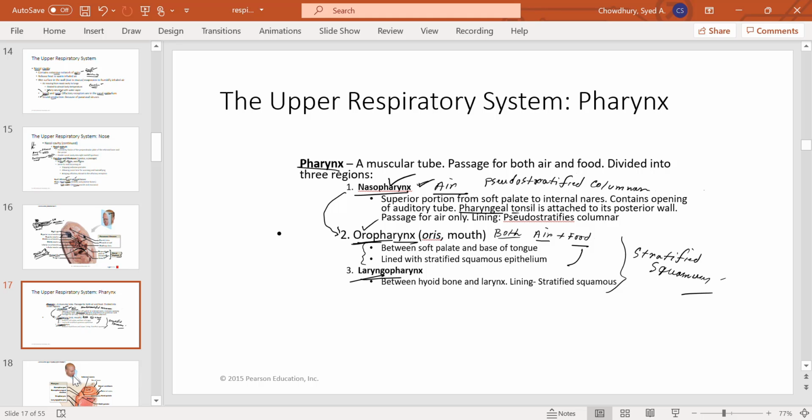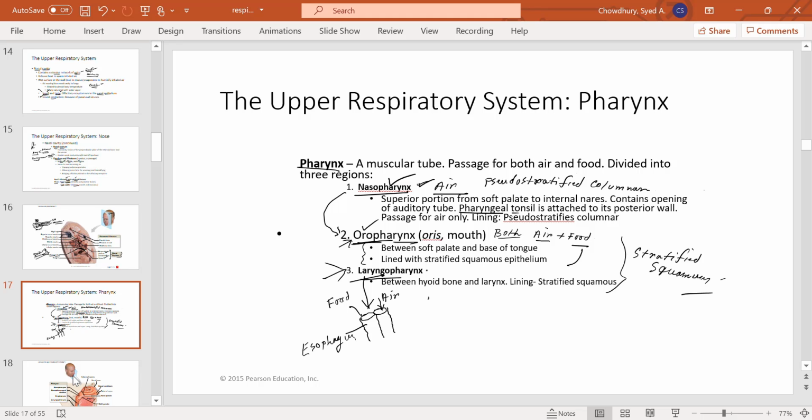Okay, and oropharynx is the middle portion. So from the oral cavity, the food first enters here, and then the food will pass through the laryngopharynx. And below the laryngopharynx, you have the larynx, right? So from the laryngopharynx, food enters into the esophagus, and the air enters into the larynx, which is anteriorly.